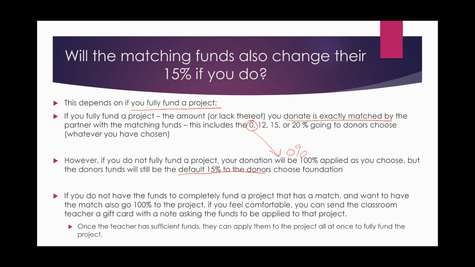The teacher can then hold on to all of those funds until they have enough to fully fund a project, and then they will fully fund the project at 0% if they so choose, and can have the project fully funded with fewer funds. So I don't know what most teachers are going to do, but for me, for Project Backpack, that is what I do. So now let's see how to go about doing this for an actual project.